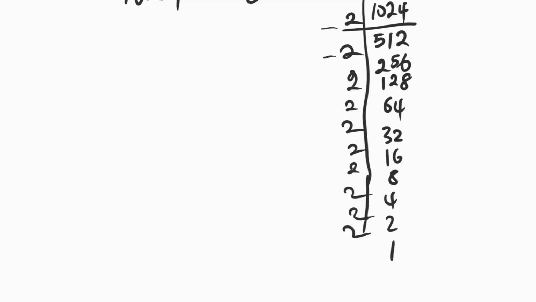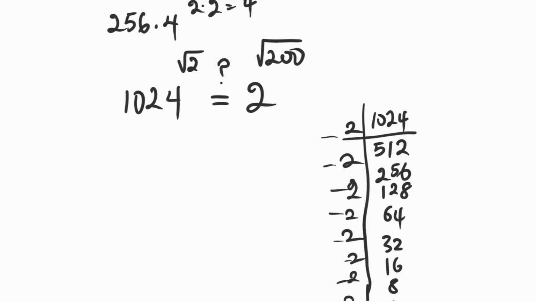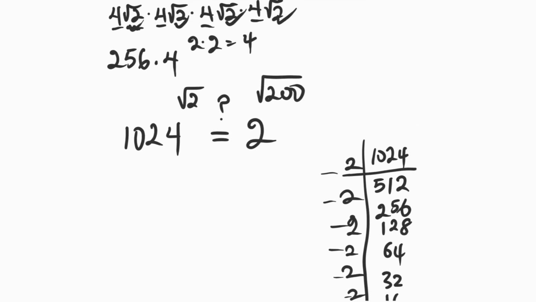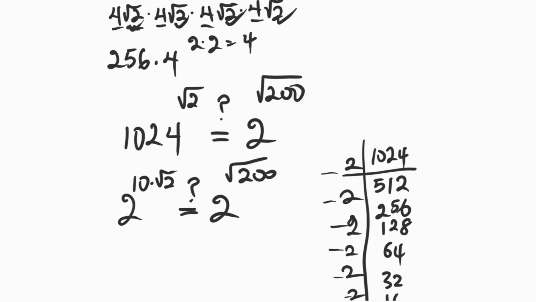So we have 1, 2, 3, 4, 5, 6, 7, 8, 9, 10. 2 raised to the power 10. So we have that 2 raised to the power 10 root 2 is equal to, trying to see if it's equal to 2 raised to the power the root of 200.